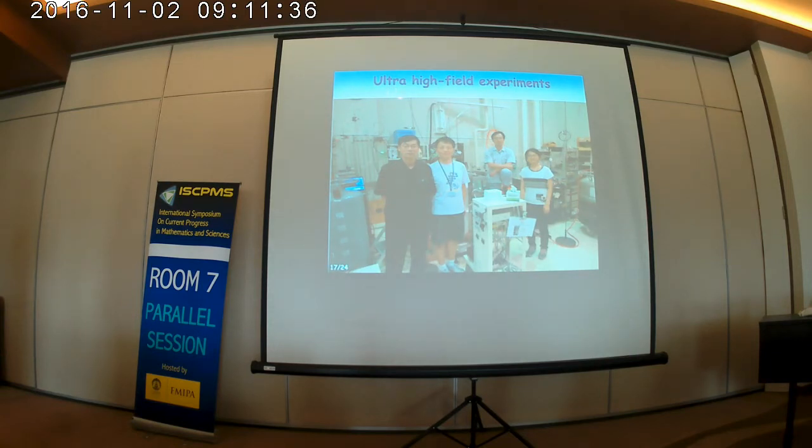So we use ultra high pulsed fields. We can generate a magnetic field easily 50 Tesla, 100 Tesla, 200 Tesla, and even 1,000 Tesla, the world record at the University of Tokyo. So that's my happy student working there. By using the synchrotron light source and the very high magnetic field, we can find new optical properties of two-dimensional materials.